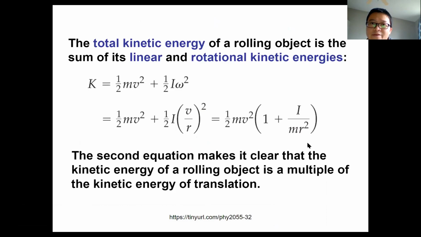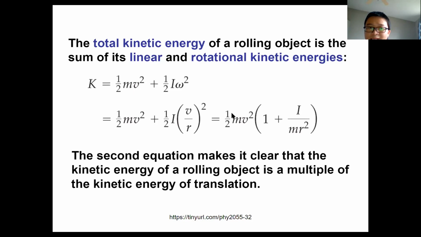And then we talk about an object that has both linear and rotational motion, so it will have both linear and rotational kinetic energy. The total kinetic energy will be the summation of both, okay? So 1/2 mv squared plus 1/2 I omega squared. If this is a rolling motion, which we'll talk about later, then v and omega have a relationship of omega equals v over R, or v equals R times omega.